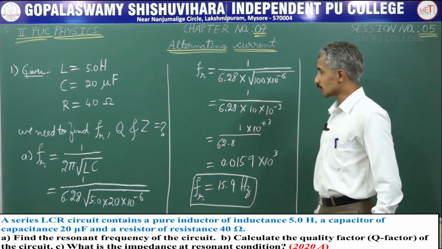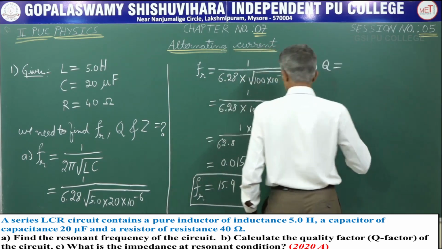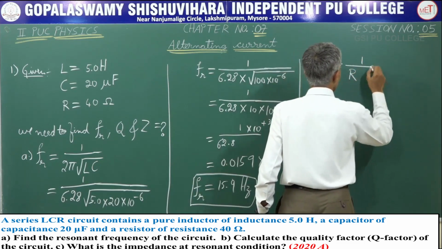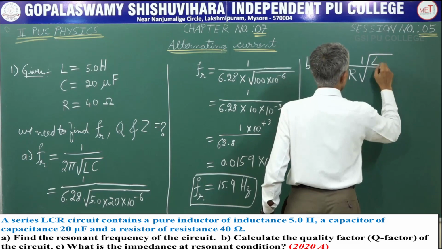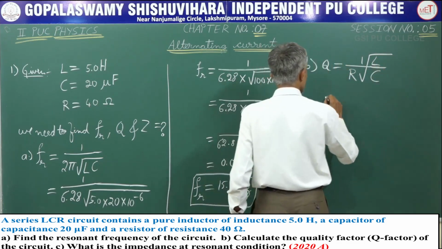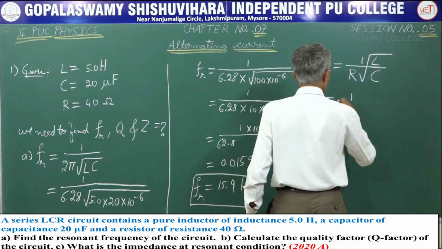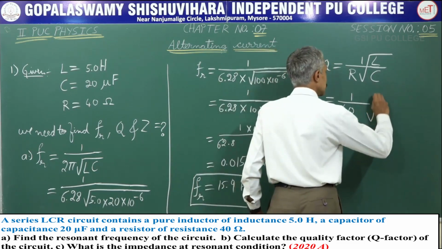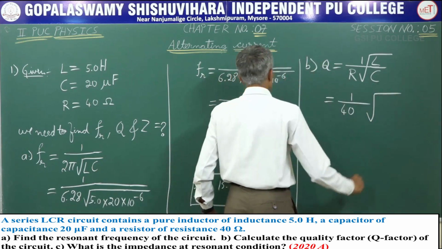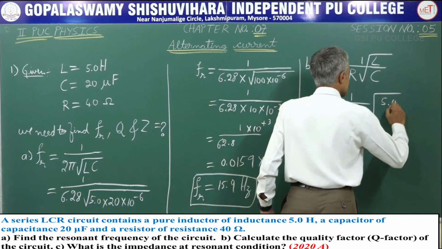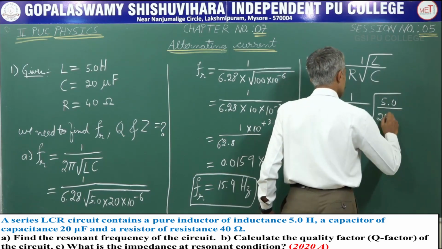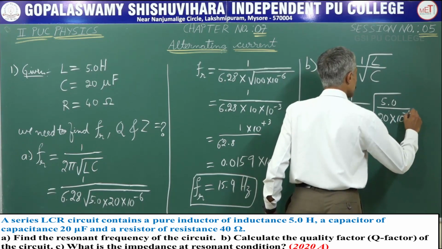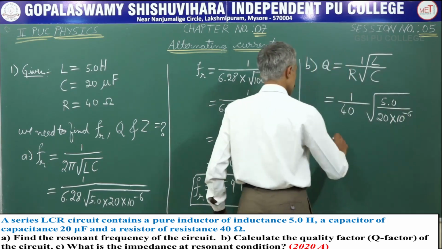Next, we are supposed to find the quality factor. The quality factor can be found using the relation quality factor Q is equal to 1 by R into root of L by C. So this is going to be 1 divided by R is 40 into root of inductance 5 divided by capacitance, which is 20 microfarad, 20 into 10 to power of minus 6.